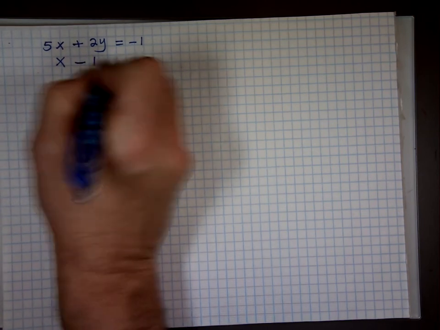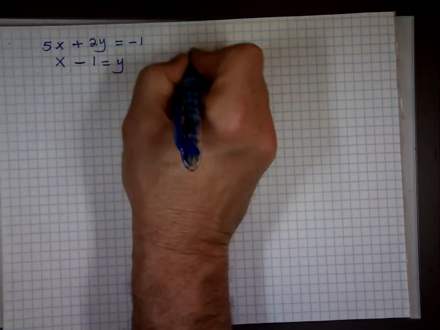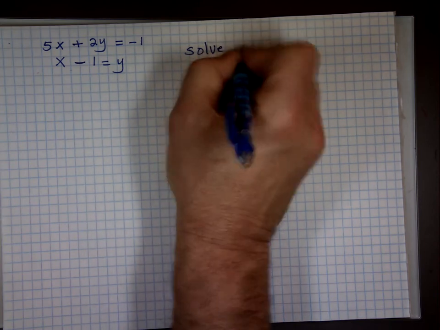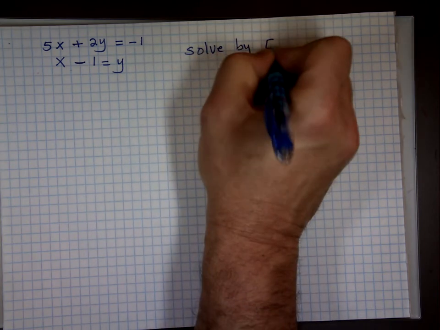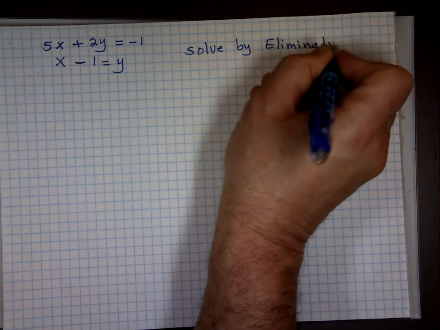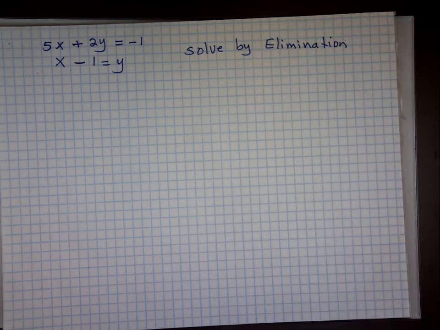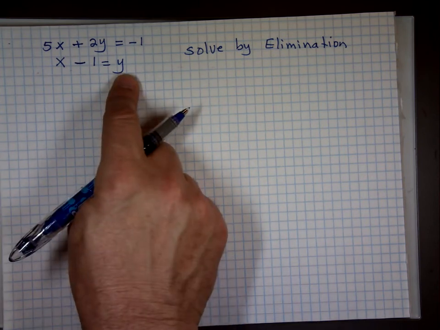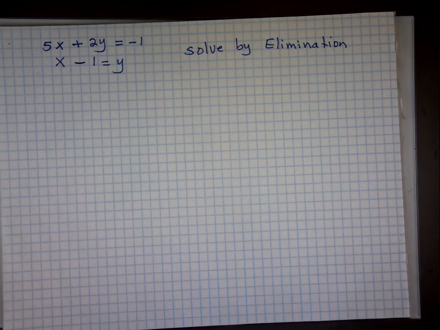And I want to solve intentionally by elimination. Ideally, if I was doing this, what method? Substitution. Very good, Leonie. I will use substitution because I know what y is equal to. But the book wants this by elimination method.